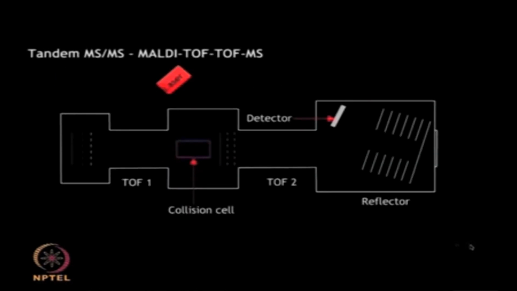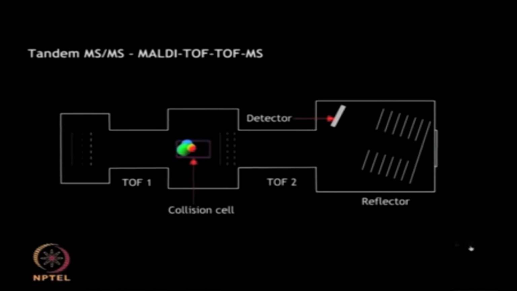The different types of tandem MS-MS configurations, such as multi-TOF. The multi-TOF MS is a common tandem MS configuration in which the ions are first resolved on the basis of their time of flight in the first TOF analyzer.